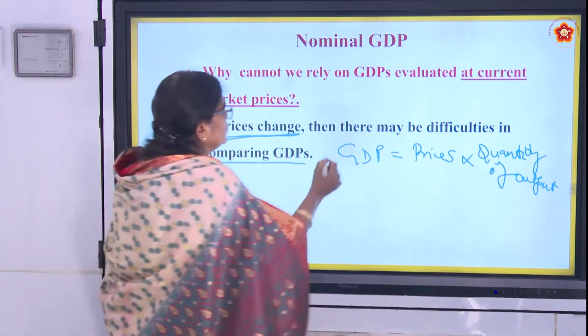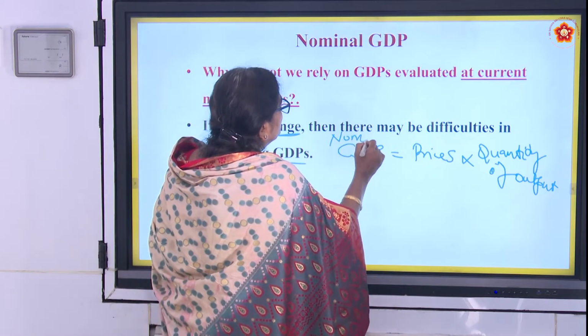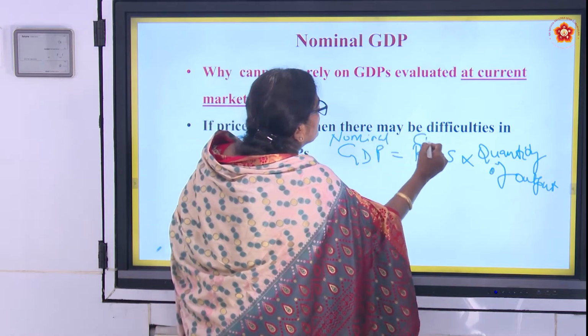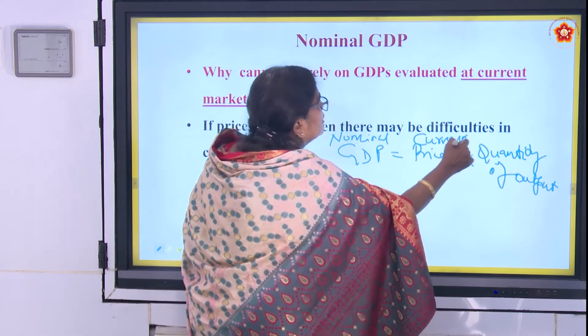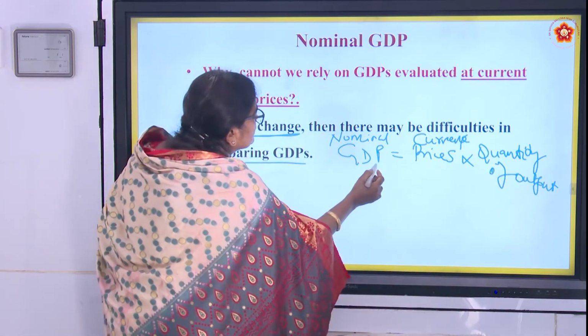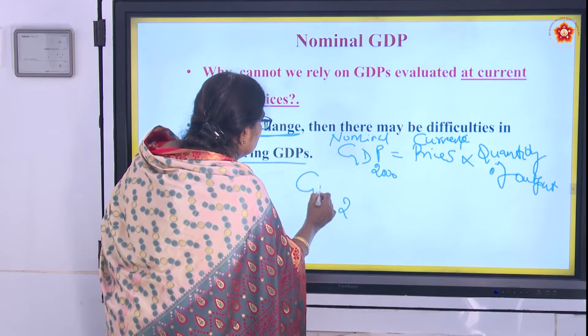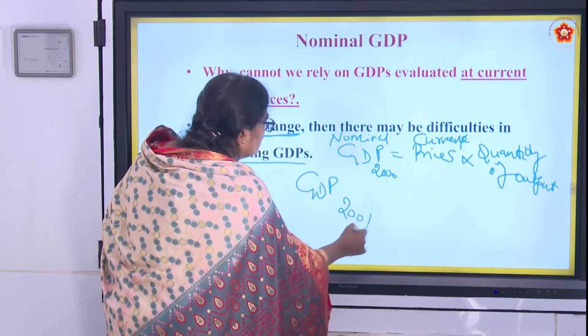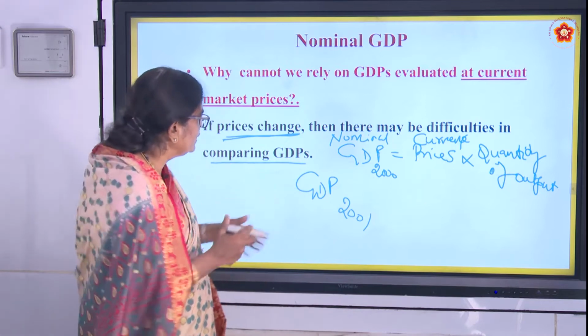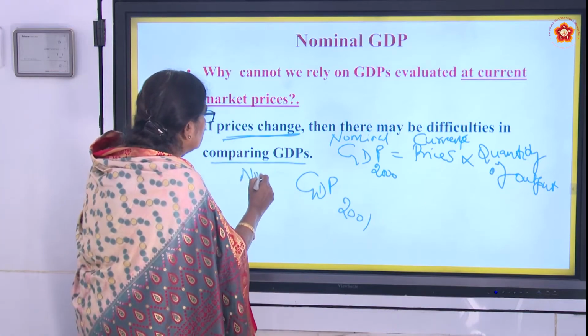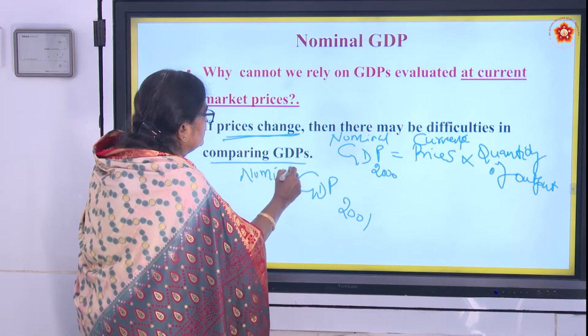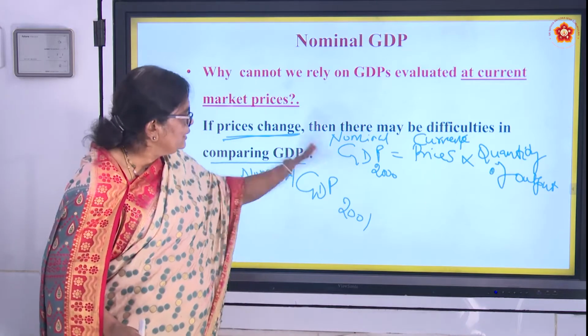But what is nominal GDP? Nominal GDP, what price does it use? Current price. And for example, this is GDP 2000, and for the comparison we want to decide whether GDP has increased or decreased in 2001.